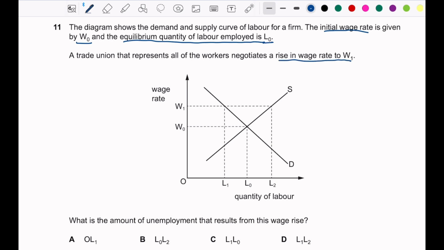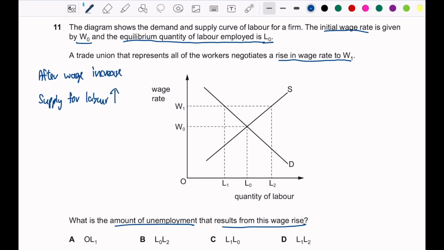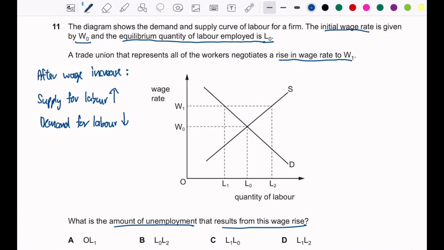What is the amount of unemployment that results from this wage rise? So after the wage increase, the supply of labor goes up because more workers are now willing to work at a higher wage. But the demand for labor goes down. Why? Because firms hire fewer workers now that the wage rate increases.